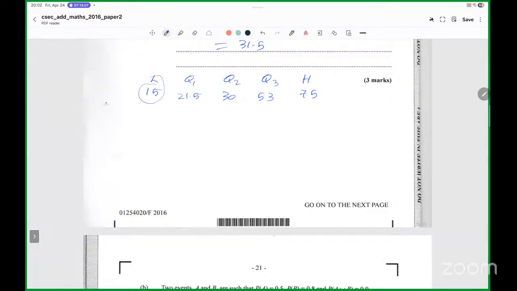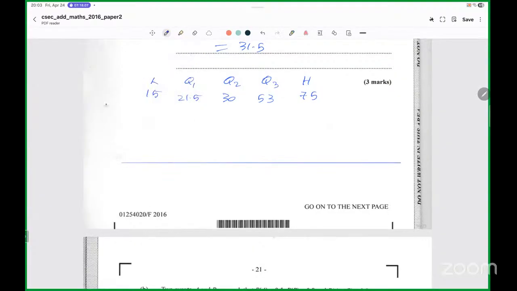You're starting at 15, and you can go by 5 or by 10. So you can start at 10 and go up to 80. I'm going to go 10, 20, 30, 40, 50, 60, 70, 80.